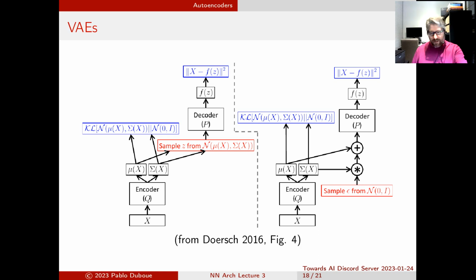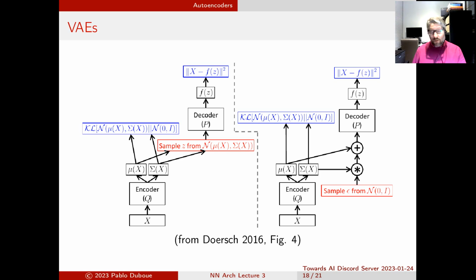Now, this system that you see here on the left side has this red box, this sample Z, and that sample you cannot derive through. You cannot train this end to end. You can train the encoder, but you cannot train the encoder and the decoder together.